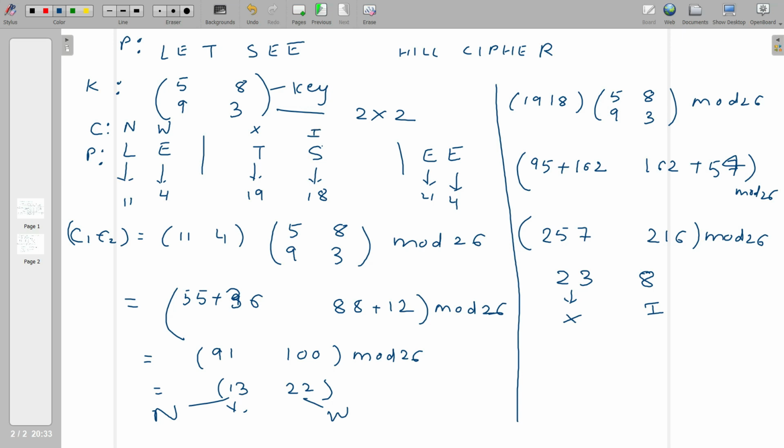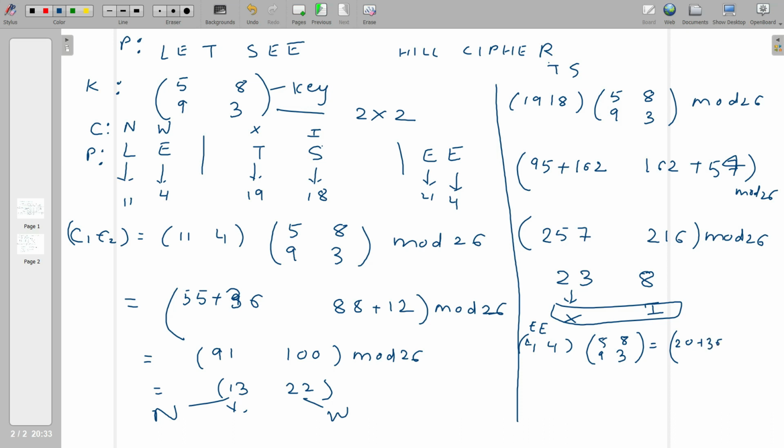Similarly, we can encrypt the third pair, which is E, 4 and 4. The key will be the same. This is for T and S, and this is going to be for E and E. So the key will be the same, 5, 8, 9 and 3, and it is a mod 26 operation. So 4 into 5, which is 20, plus 4 into 9, which is 36.